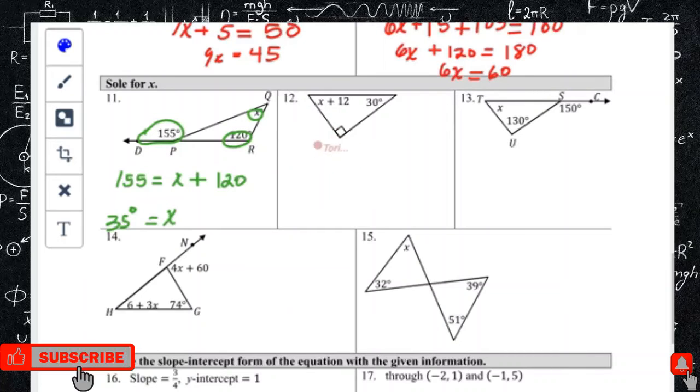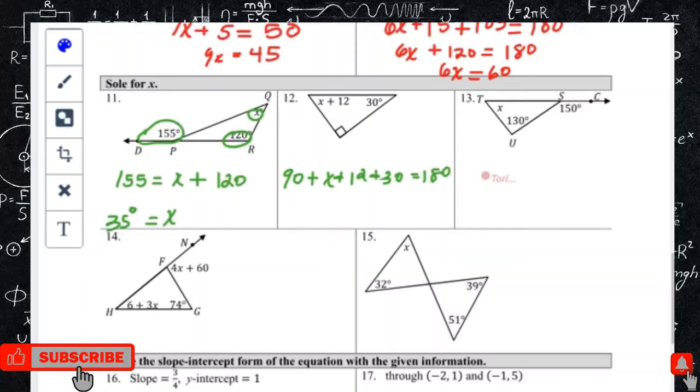Now this angle, you have to know notation. This box is 90, plus x plus 12 plus 30 equals 180.